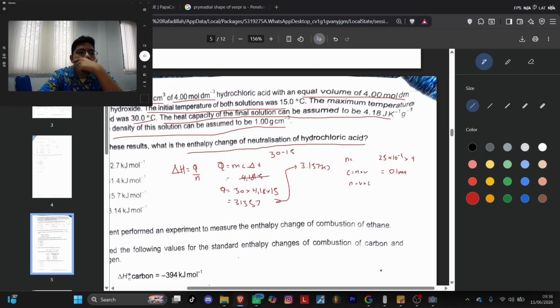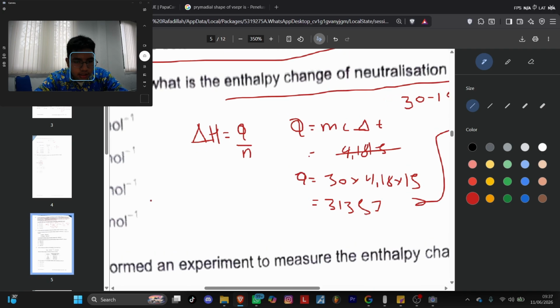After that, we can search the enthalpy change by the data we have collected.